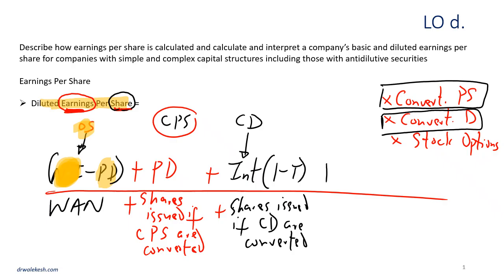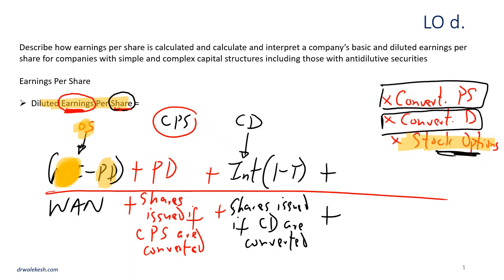Still moving on. We still have stock options left. Remember that from the previous slide, we agreed the examples of stock options include warrants and employees' stock option.